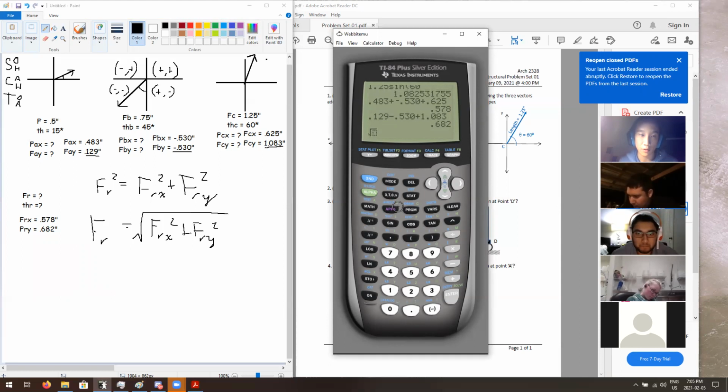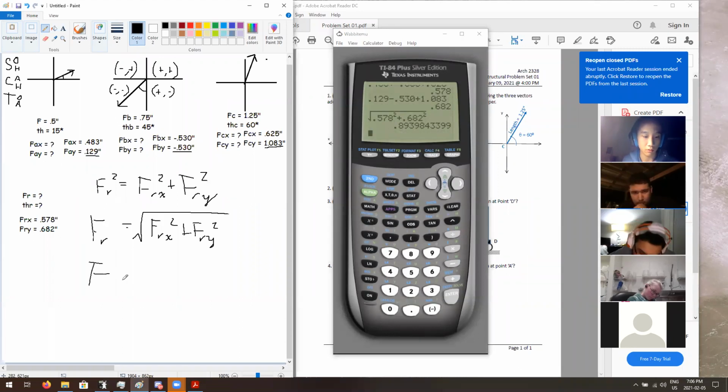Let's just do that. Square root of F R x, which is 0.578 squared, plus F R y, which is 0.682 squared. That gives you your answer. F R is equal to 0.894.